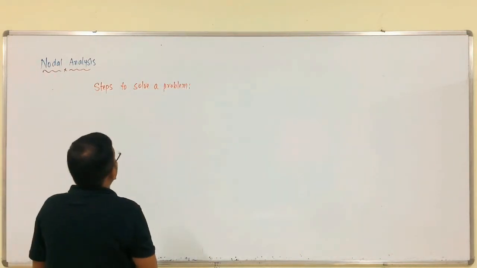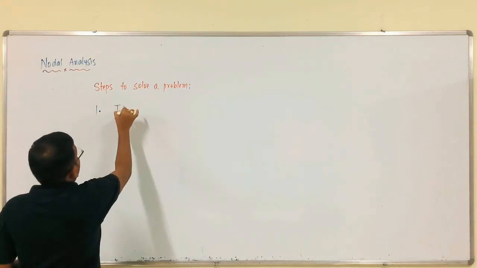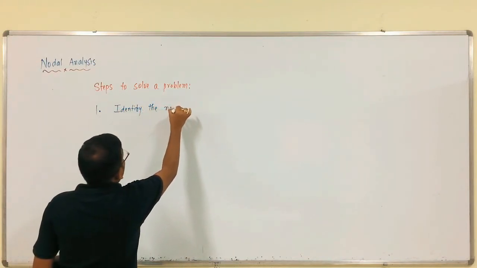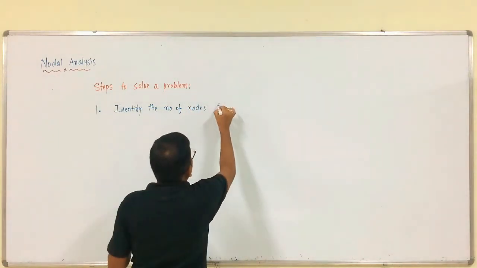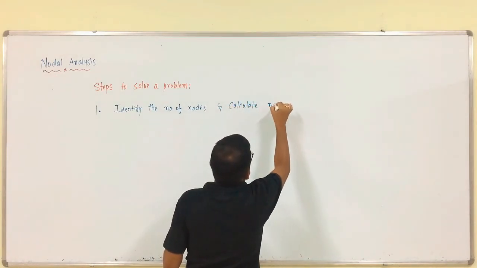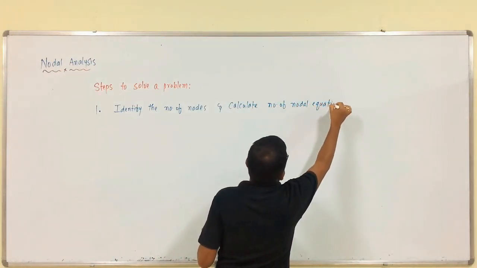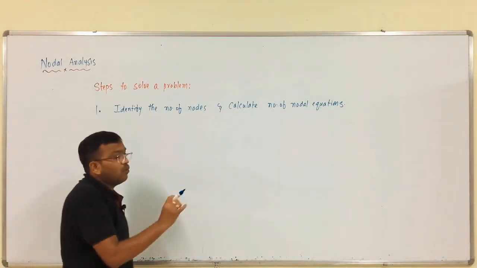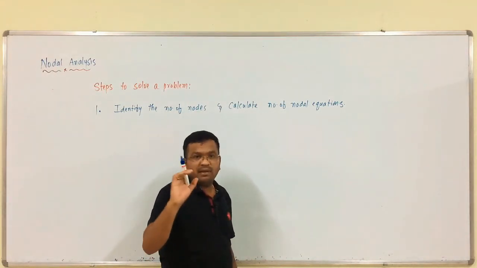First, identify the number of nodes and calculate the number of nodal equations. That is it. First, we have to identify the number of nodes from the given circuit and calculate the number of nodal equations by using the formula n minus 1.